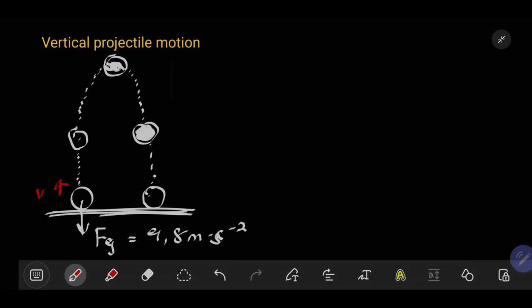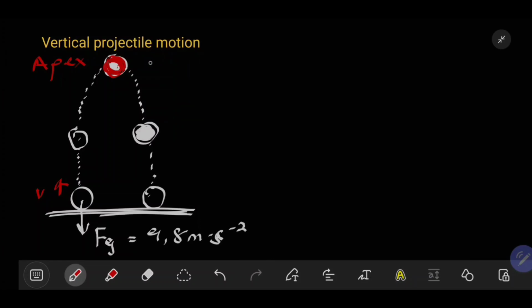until it reaches the apex, or we can call it the highest point, which is this point here. This is our apex. When the ball reaches that highest point, its velocity is momentarily zero.